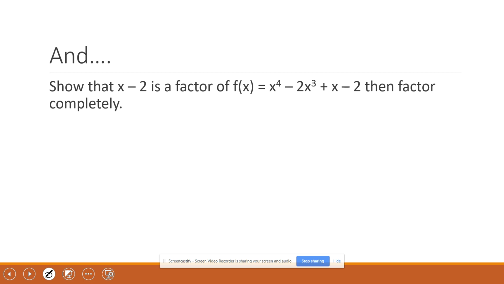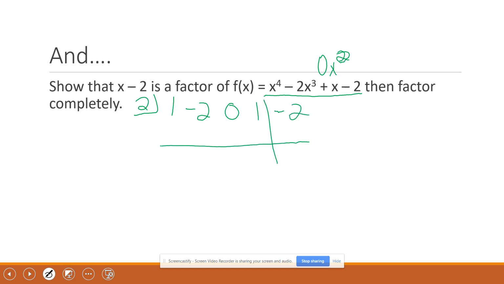Now we're going to check x minus 2. So again, I'm going to look to see, is this in standard form? It is, but it is missing x squared. So I'm going to go ahead and add in that 0x squared because I'm going to use the synthetic or the shortcut. I'm using positive 2, 1, negative 2, 0, 1, negative 2.